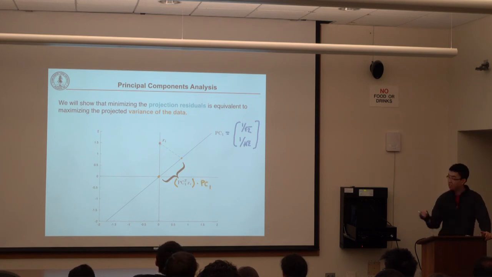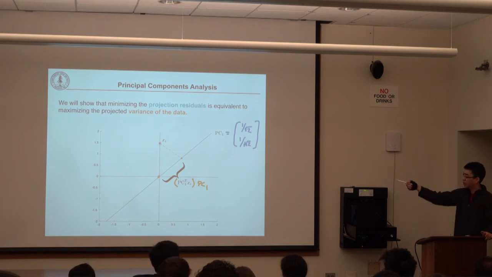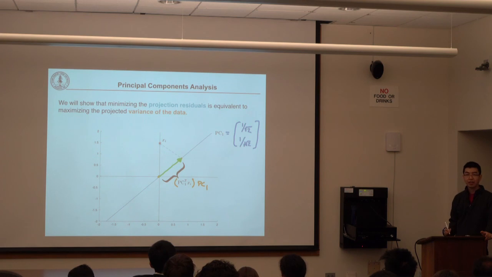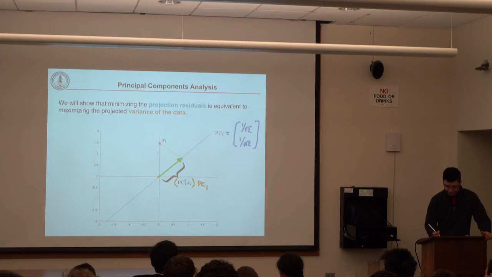That would give directionality to my vector. And there shouldn't be a dot there. That implies dot product. We would just multiply it by PC1. And so this term here, PC1 transpose times x1, would exactly define this vector that I'm going to draw in green to this orange point right here. All right? Any questions on that?